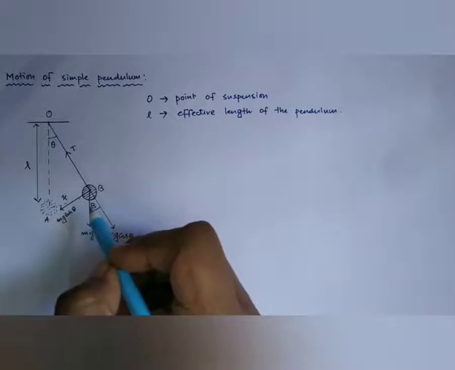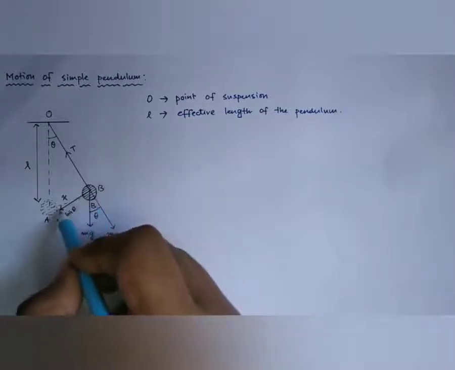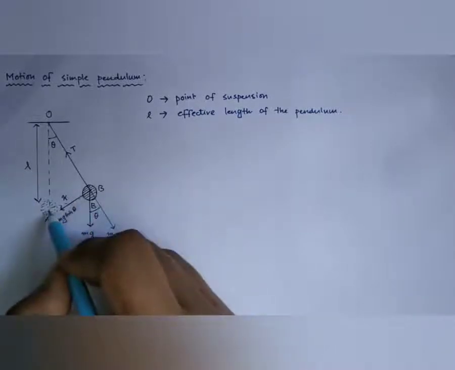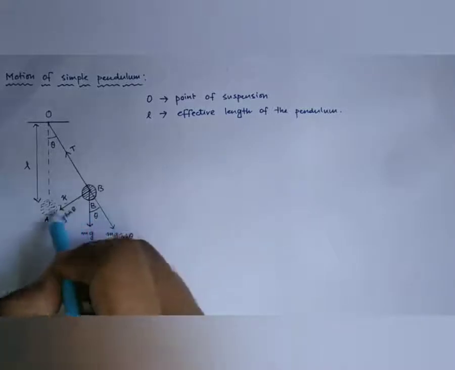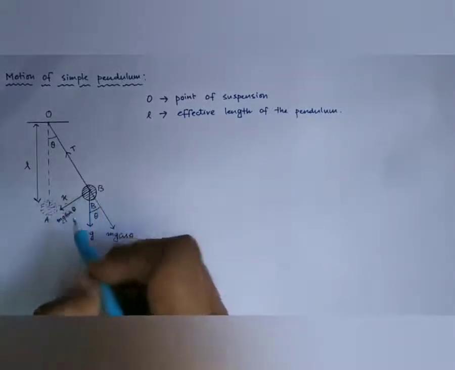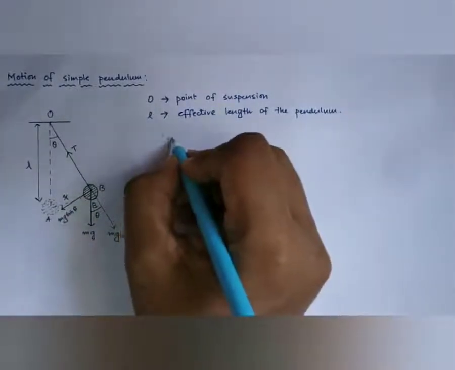As a restoring force is necessary for a motion to be simple harmonic in nature, look here, this force mg sin theta tends to move the bob towards the equilibrium position A, and it just continues its to and fro motion.